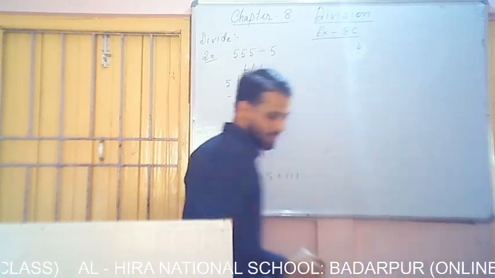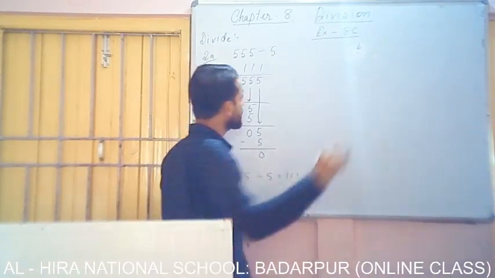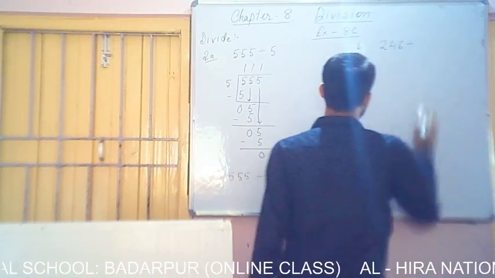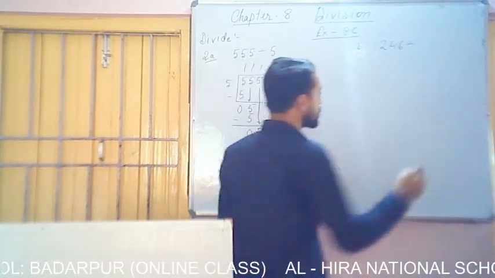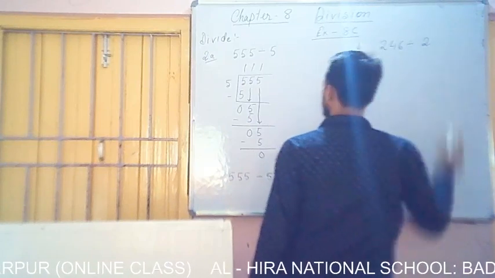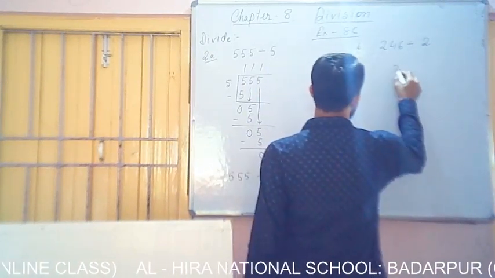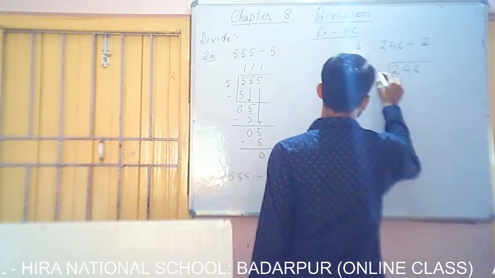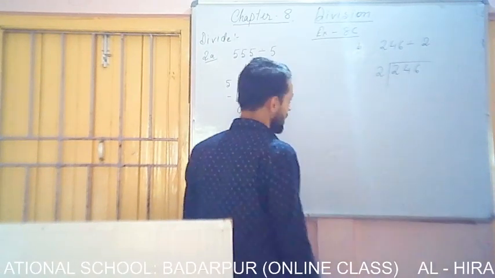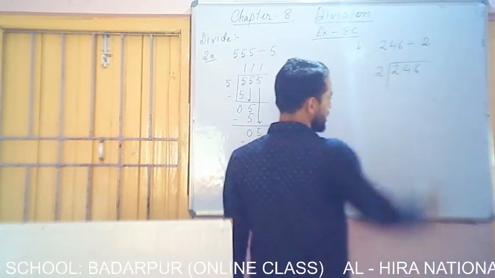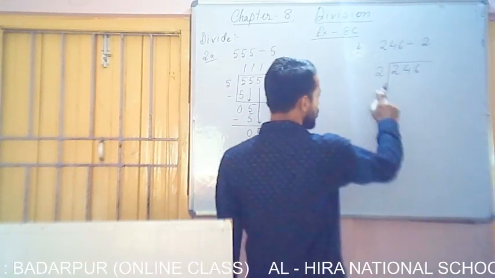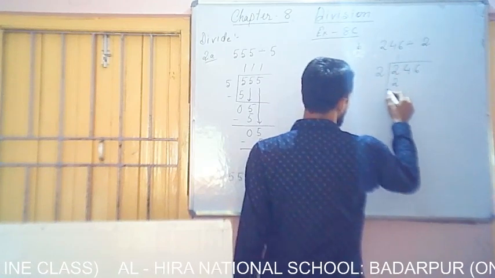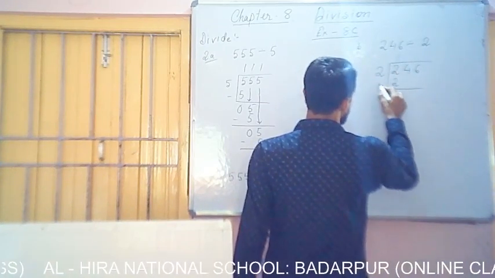Now question number B. 246 divided by 2. To divide, at first we have to what? Arrange. 246 divided by 2. At first the digit is what? 2. So we have to go through the 2 multiplication table. 2 ones are what? 2. 2 minus 2 equals to what? 0.